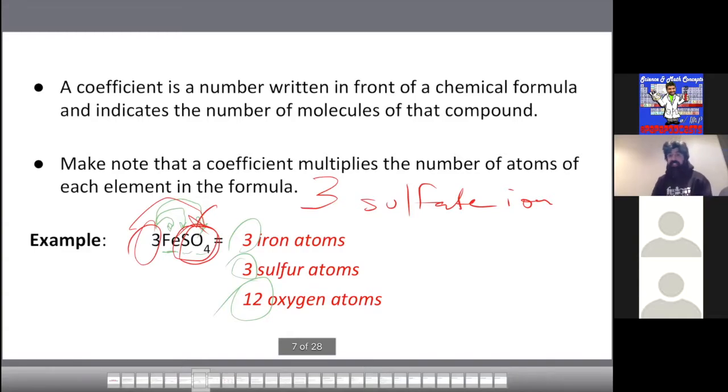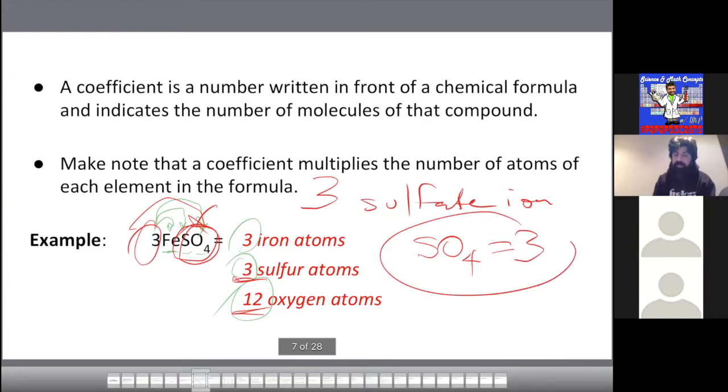So instead of separating them as 3 S's and 12 O's, I can write it as 3 SO4 polyatomic ions. And you're going to see what I mean by this when we get to the actual balancing of equations.